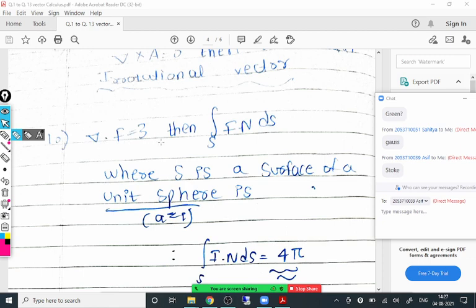Del dot f is given as 3. Find the surface integral of f dot n ds, where s is the surface of a unit sphere. Can you see a small difference? This is actually the same question. We are given s is the surface of a unit sphere.